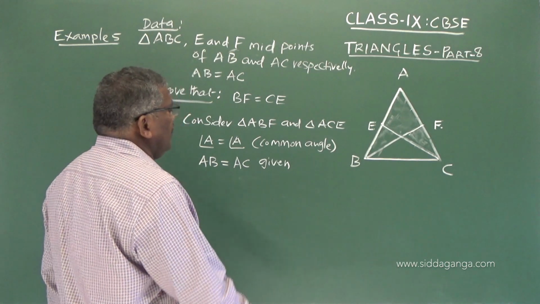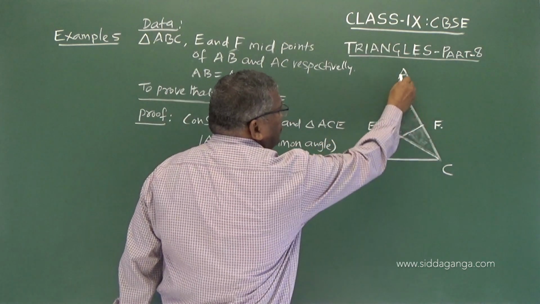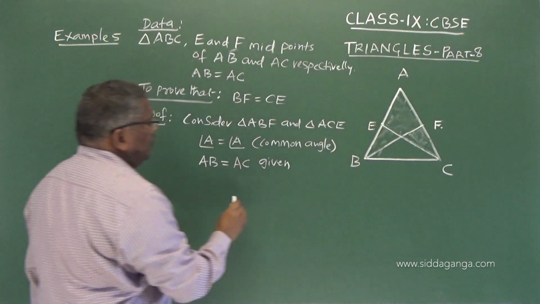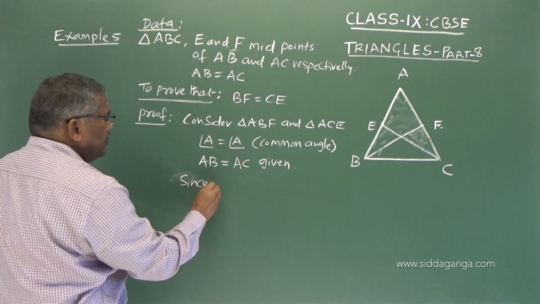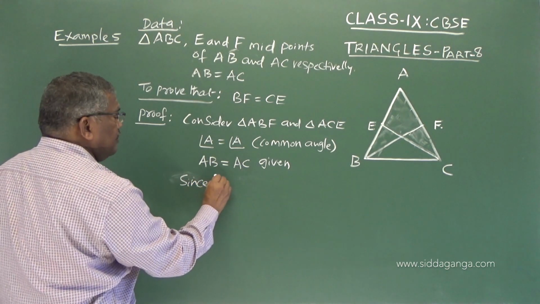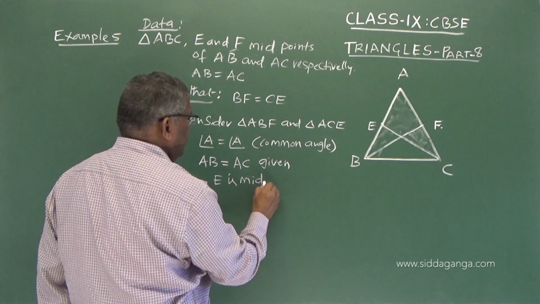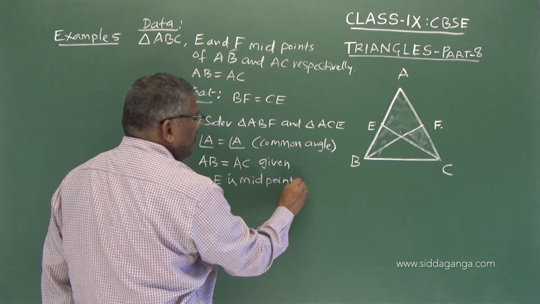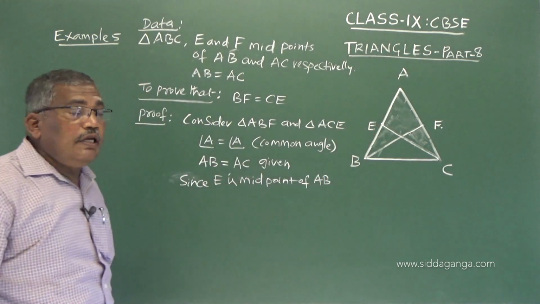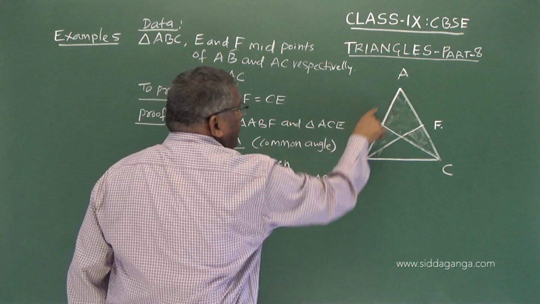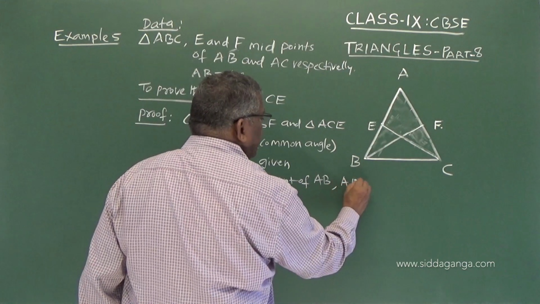Now, see, we have AB is equal to AC. E and F are midpoints of AB and AC. So, since E is the midpoint of AB, AE will be equal to EB.